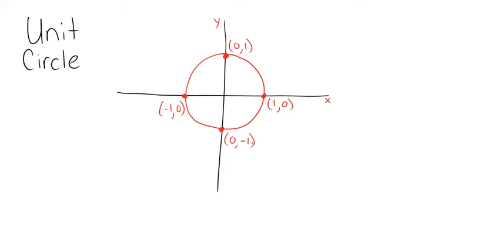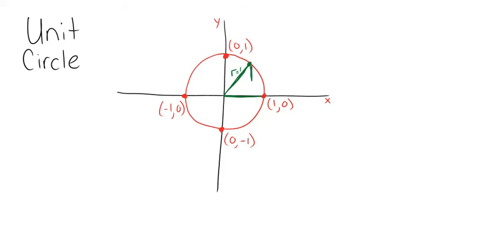And then we can create our terminal arm and initial arm like we were doing before. So our initial arm is always on the x-axis here. And then our terminal arm goes out to the circle like that, and it has a radius of 1.